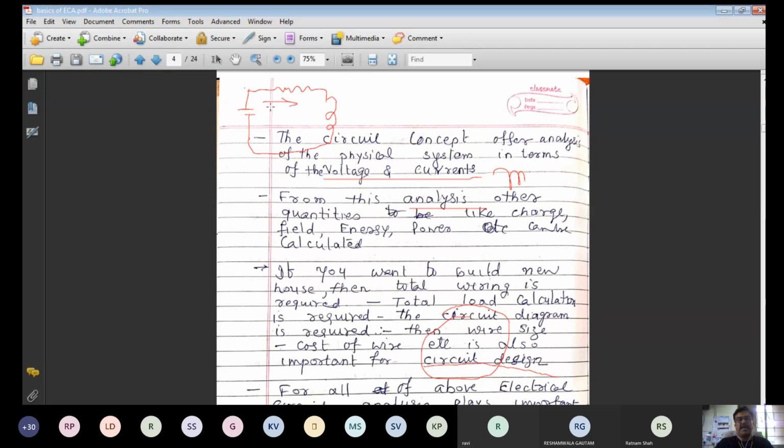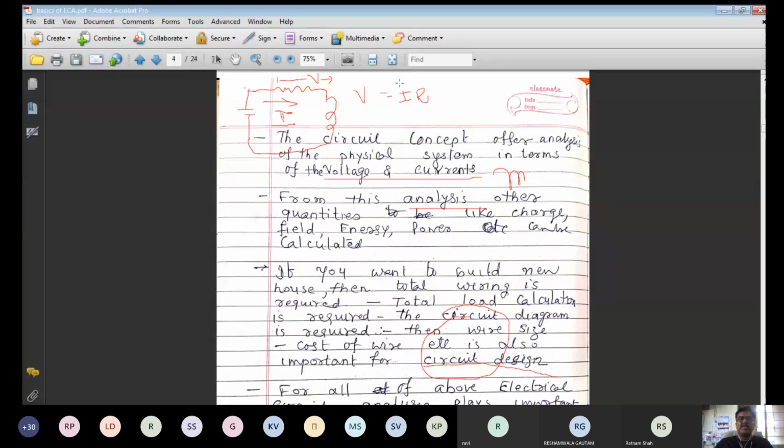Suppose you want to find out the current I through this circuit, or the voltage V across the resistance. We know Ohm's law, that V is equal to I into R. You all are familiar with Ohm's law, right?